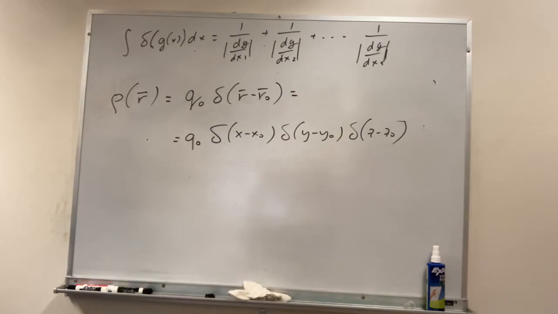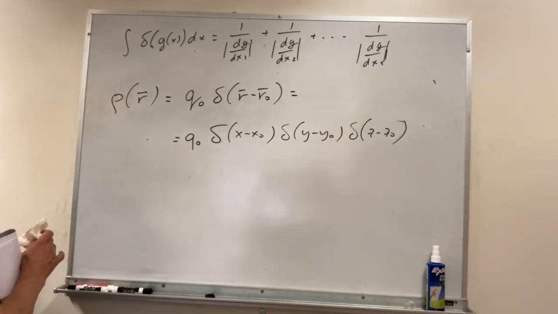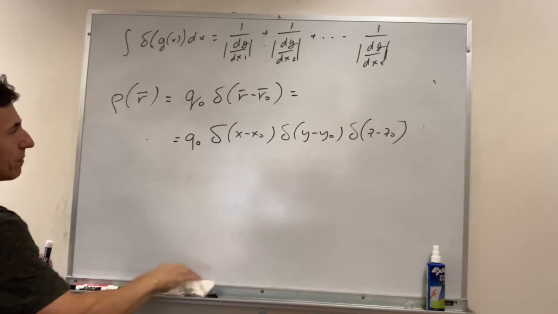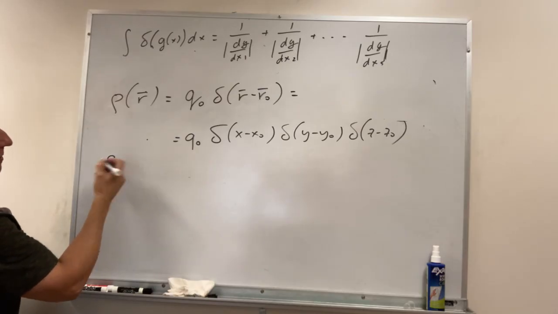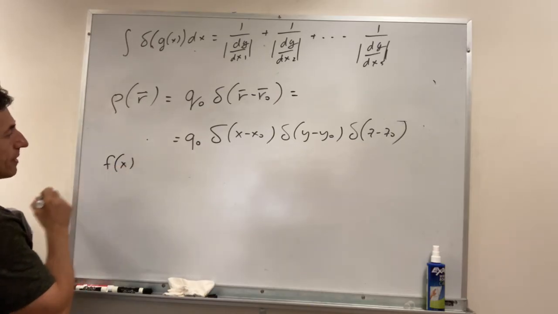Now, another useful property of the delta function is its Fourier transform. Let's look at the Fourier transform. By definition, if you remember the definition of the Fourier transform in general, let's consider the one-dimensional case, where function f depends on x.